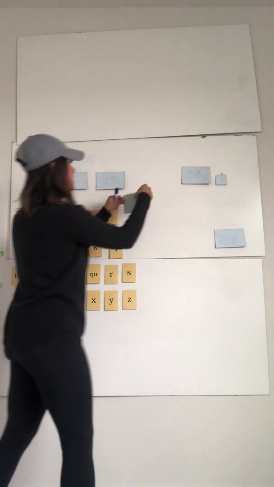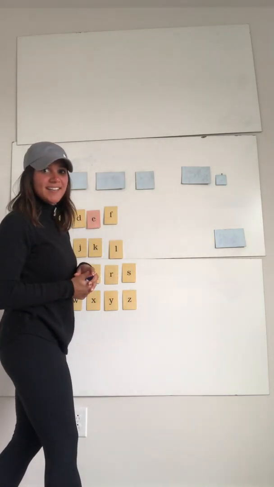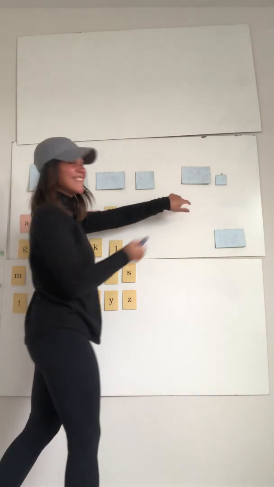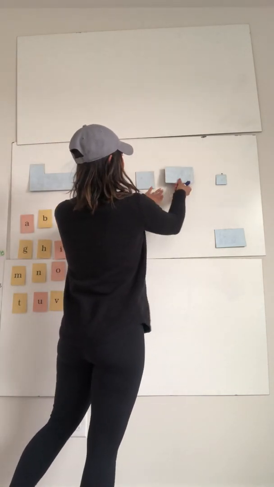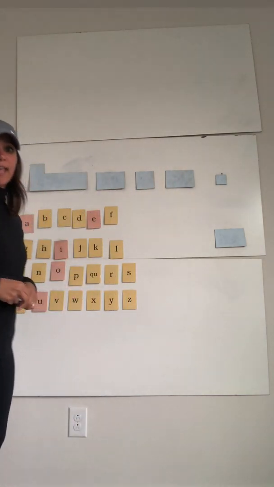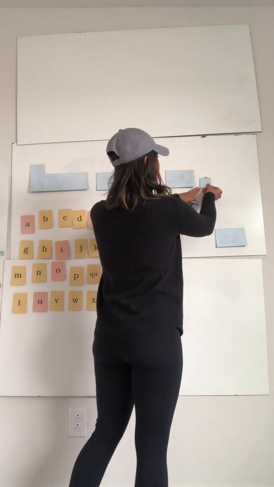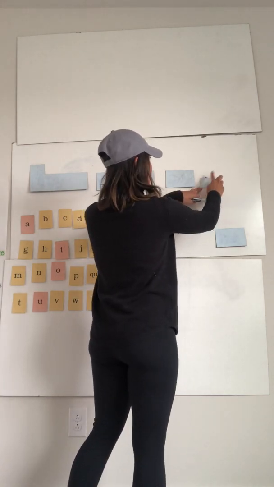So Ben has a, and what's my last word? Good, dog. So we're going to use a bigger magnet for that because the word dog is a lot bigger than a. And then of course we're going to add the very smallest magnet that we have here to let you know that our period goes at the end of our sentence.